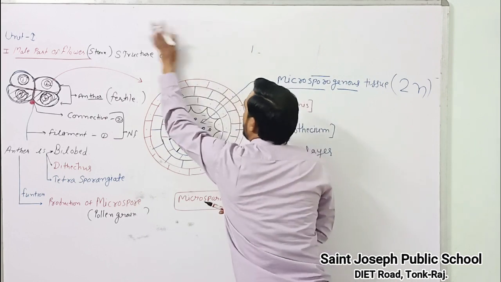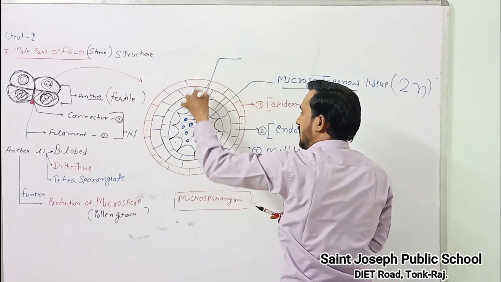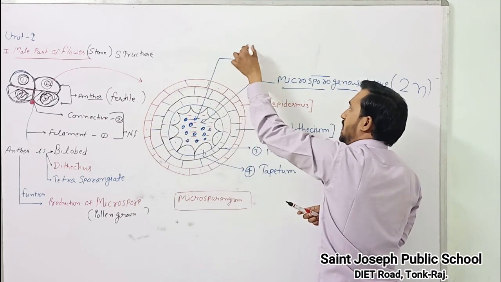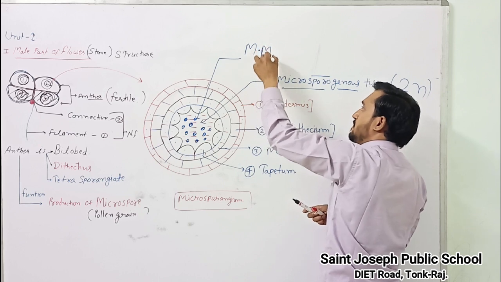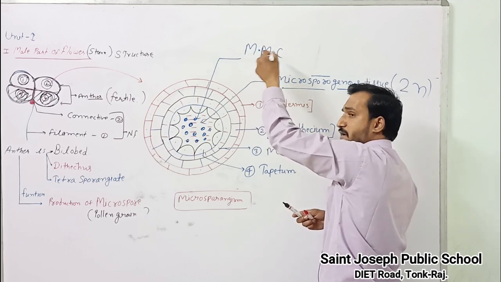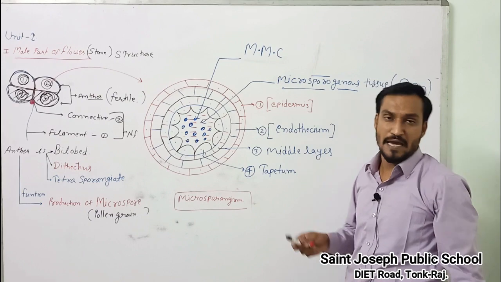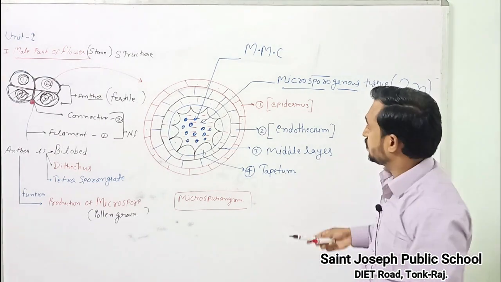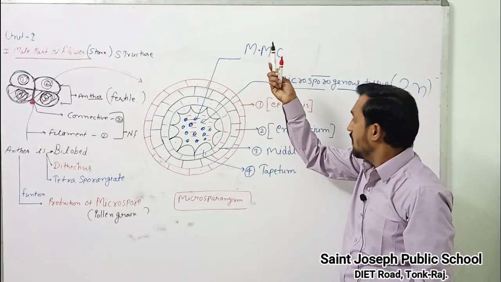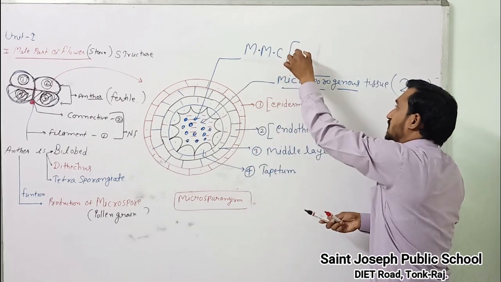Now I am erasing the heading. These cells are known as MMC. Full name is microspore mother cell. Microspore mother cells are diploid in nature, that is 2n.